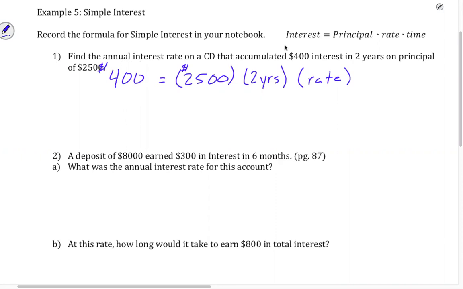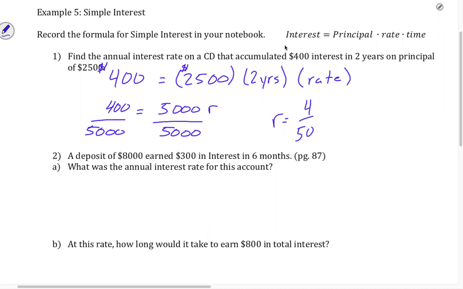So I have 400 equals 5,000 times my R, divide by 5,000. My rate would equal 4 over 50, which is what? 8%? Yes. So it's 8% interest.